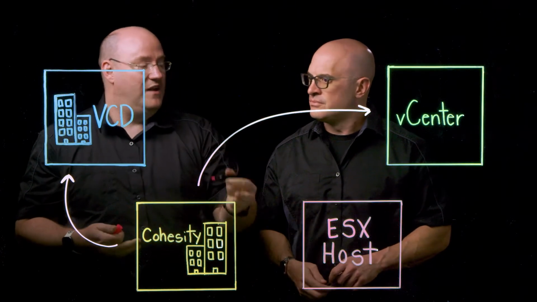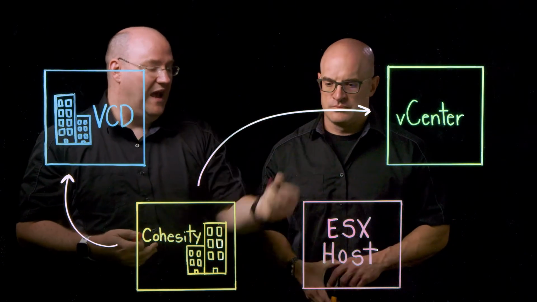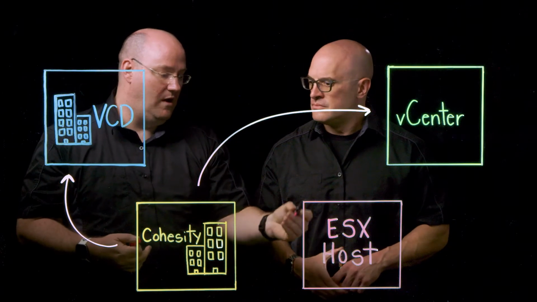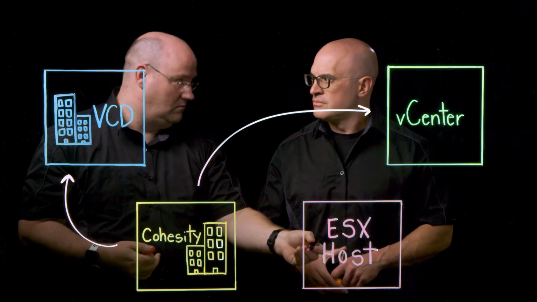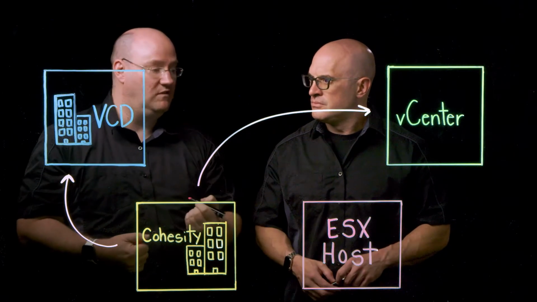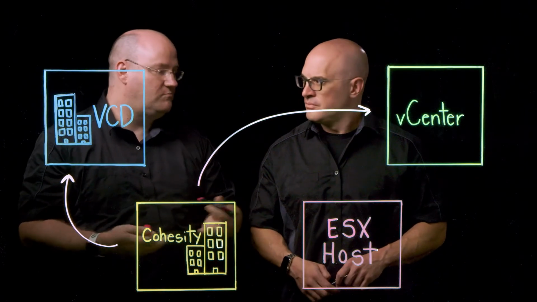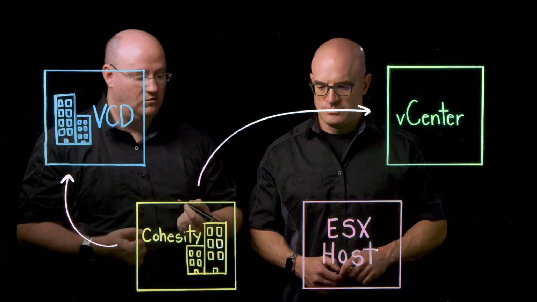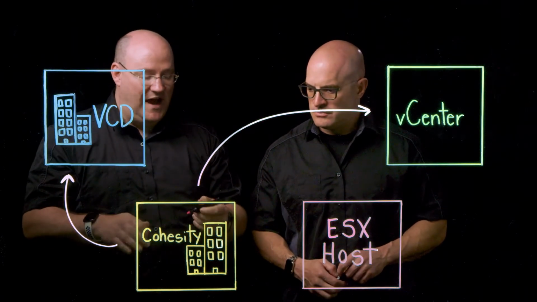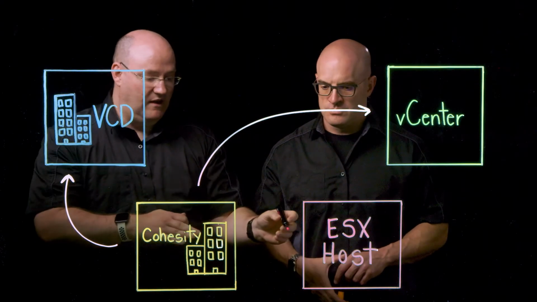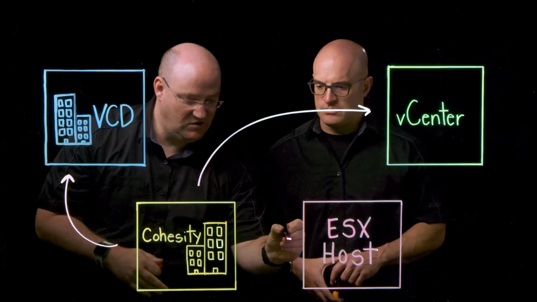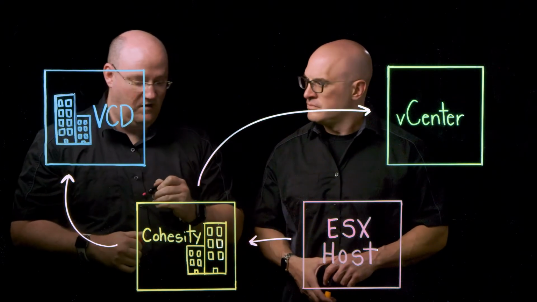Now, that in turn is going to give us access and let us know about all the associated ESX hosts that are going to be with that particular vCenter. So I'm not going to perform a drawing over there. That's just going to be assumed as part of the natural progression of talking with a vCenter. Now, the last stage does involve the ESX host because it does involve us streaming the data over to the Cohesity device.